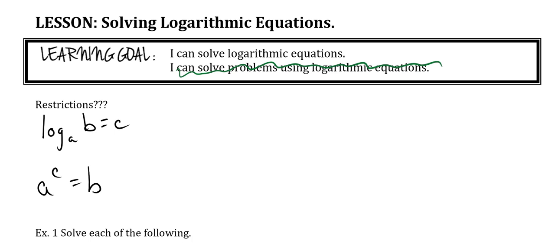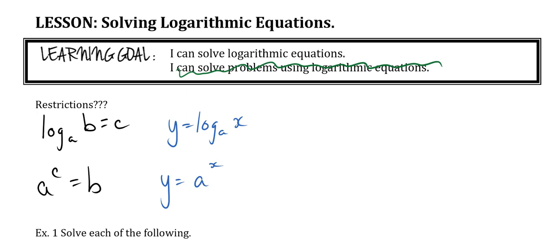Right? And I'm just going to, as an extra part of this, write them out as functions. So y equals log base A of x, and y equals A to the x.